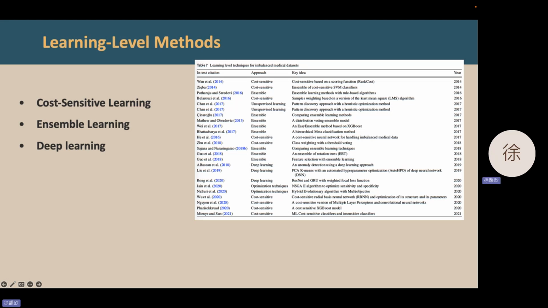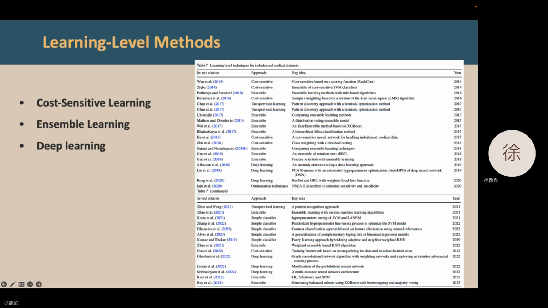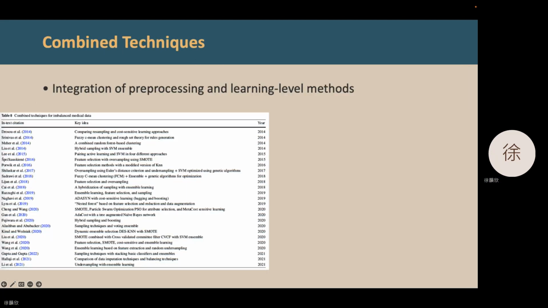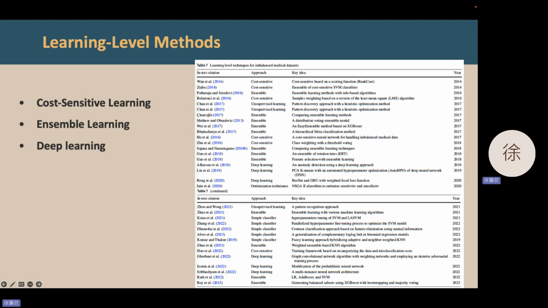And deep learning uses more complex neural networks to learn patterns in the data. While deep learning is powerful, it might face issues when there isn't enough medical data. So the right table is Table 7.